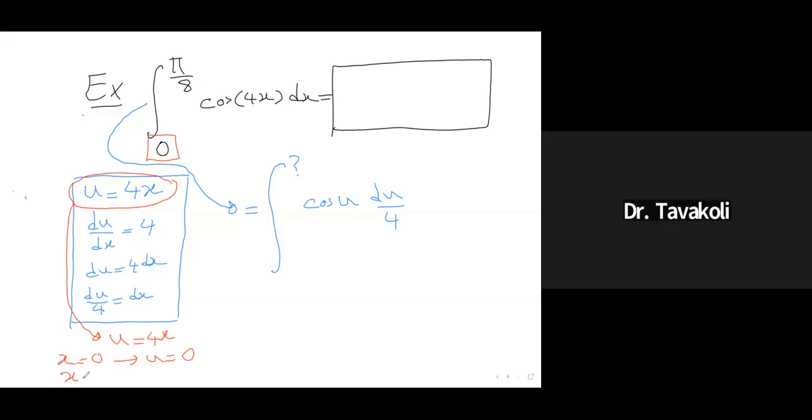And when x is pi over 8, u is 4 times pi over 8, which is pi over 2, right? 4 over 8 is 1/2, and there was a pi there, so 4 times pi over 8 is pi over 2. So the lower limit of the integral is still 0. The upper limit of the integral, instead of pi over 8, is pi over 2.